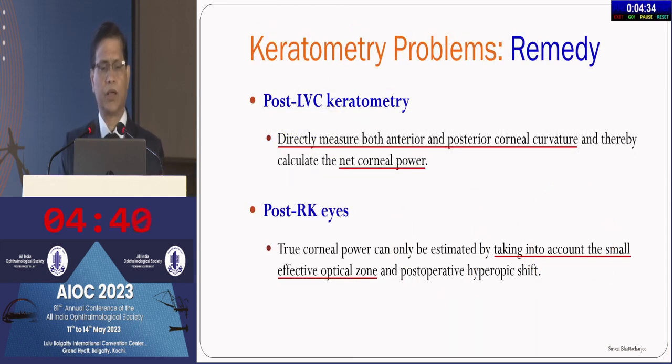So the remedy would be, in post laser vision keratometry, to measure both anterior and posterior curvatures. Any device which gives you that will give you a more accurate reading of the corneal curvature, and your formula may be effective. In post-RK eyes, take into account whatever small optical zone we have created.